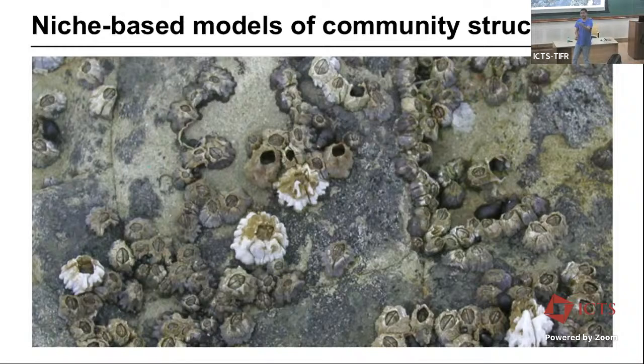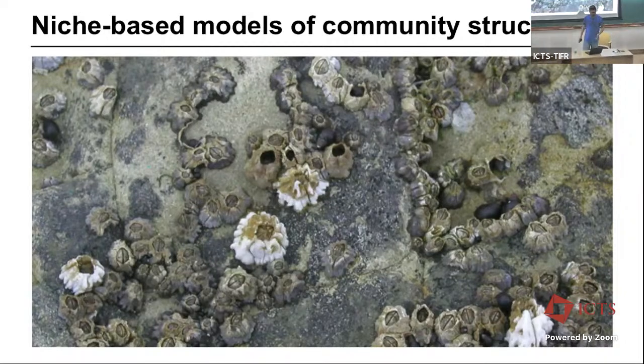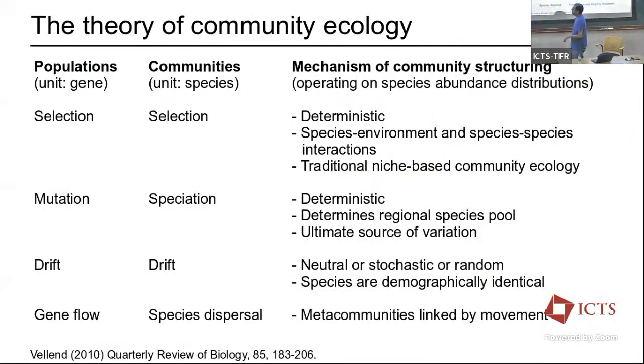And what are the various factors that cause species 2 to be far more abundant than species 6? What are these various processes? These are often called niche-based models of community structure, and we'll talk about what that means. And the theory of communities pretty much follows the theory of population genetics.